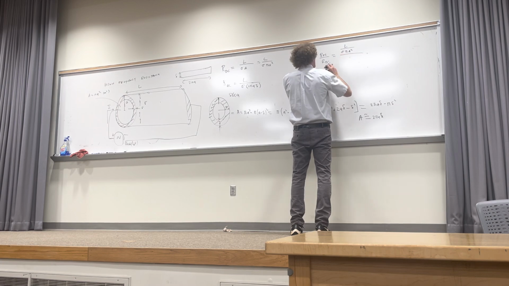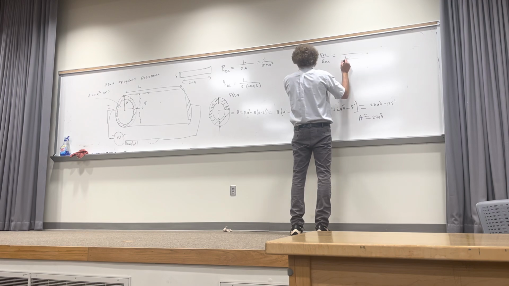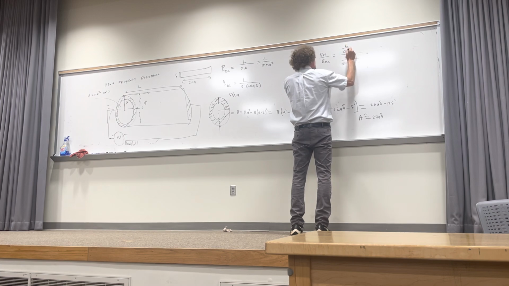I'm sorry, that goes on the bottom. L over sigma pi A squared. And then on top, it's L over sigma times 2 pi A times the skin depth.